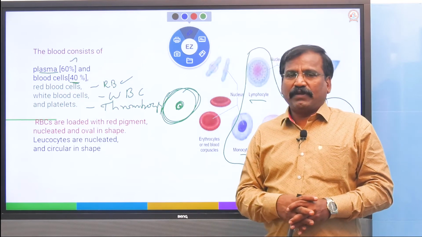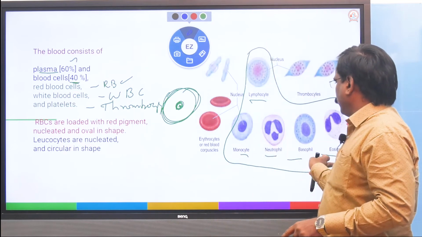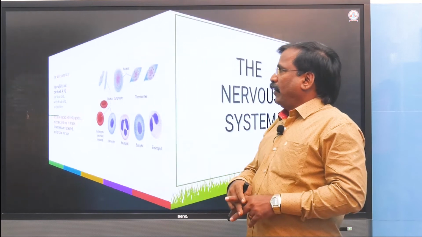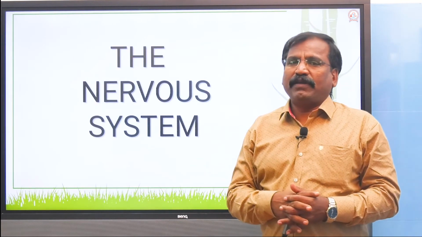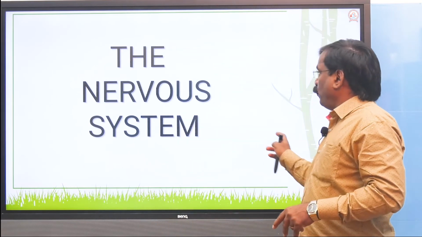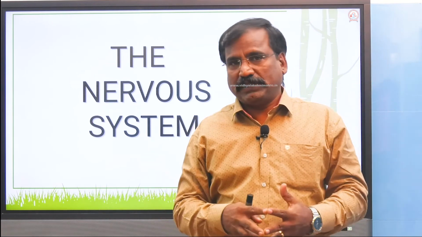Then the next system we are going to discuss is the nervous system of the frog, right? What is the structure of the nervous system? What is the function of the nervous system? It's control and coordination.